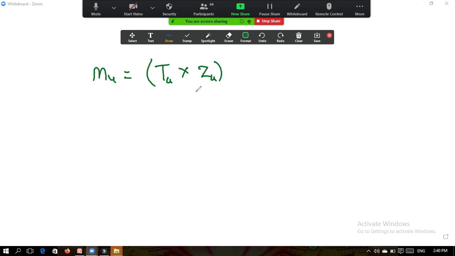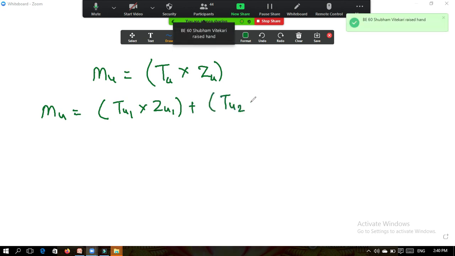Now you should put the formula over here. So MU is equal to TU1 into ZU1 plus TU2 into ZU2.